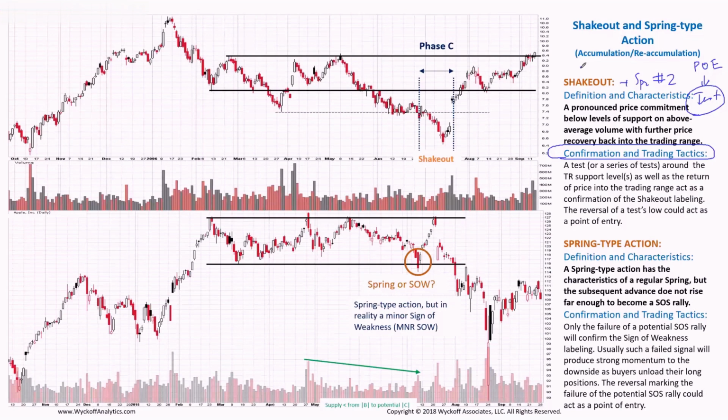Well, because both are going to be associated with the increased supply signature. And if supply is increasing, we always want to have some kind of test. And this test always should come as a higher low and on the diminished supply signature. That way, it would be a successful test.